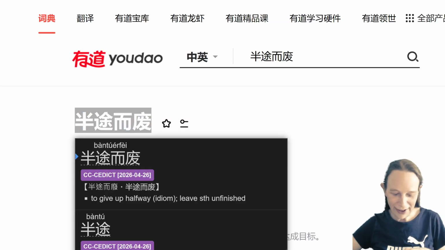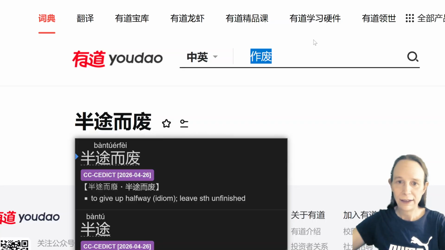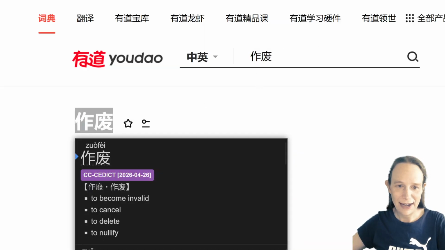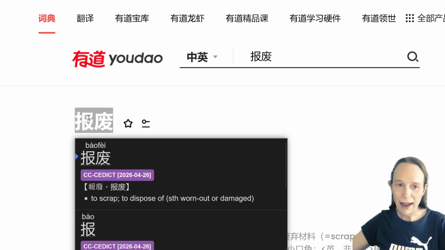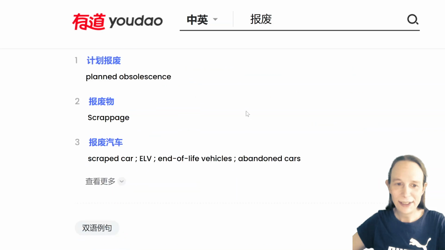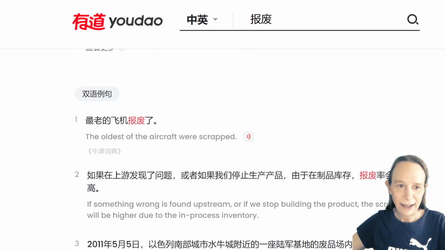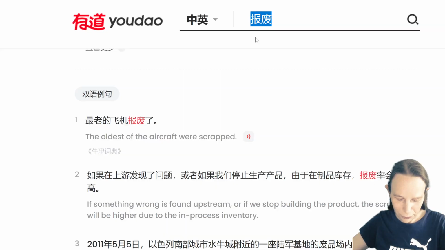Yeah. 作废. Well, this is to nullify, is it? To nullify. 作废, 报废. Scrap. So is this to like write off a car or something, maybe after it's been in an accident? 最老的飞机报废了. The oldest aircraft was scrapped. I'm not entirely sure. Anyway, I think we know enough.